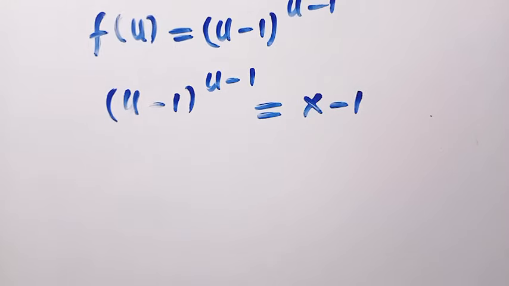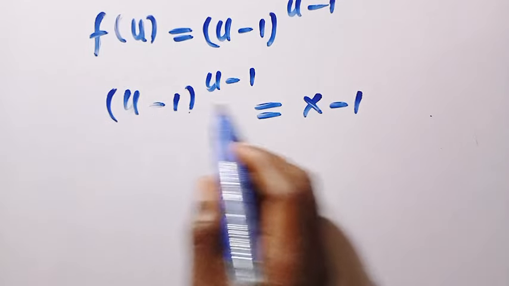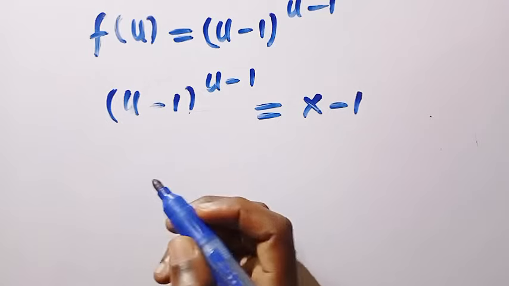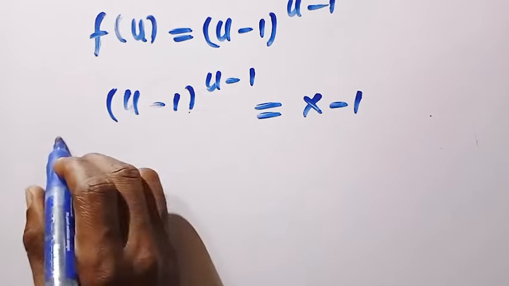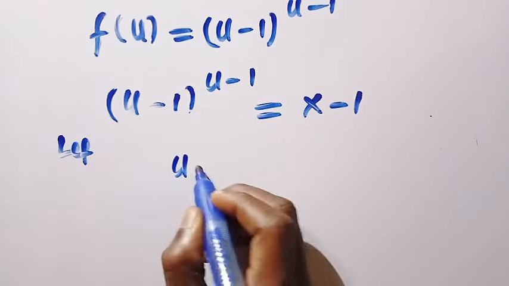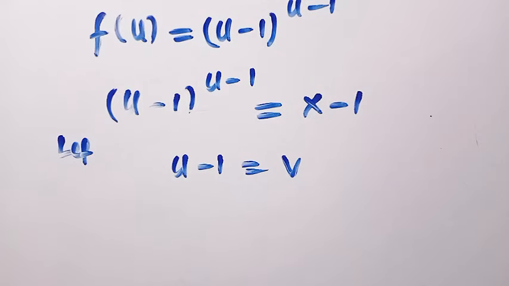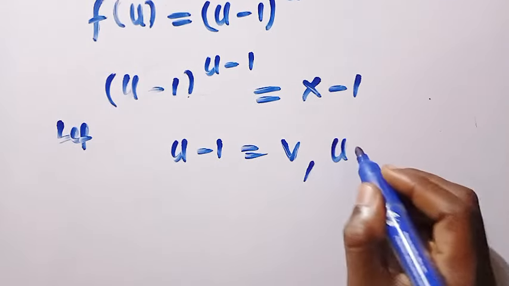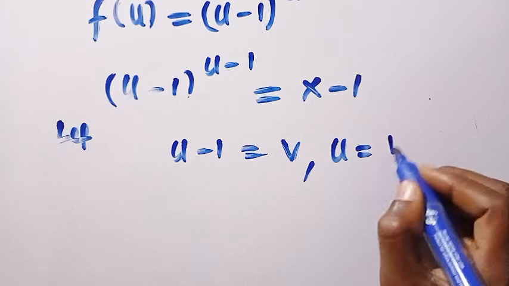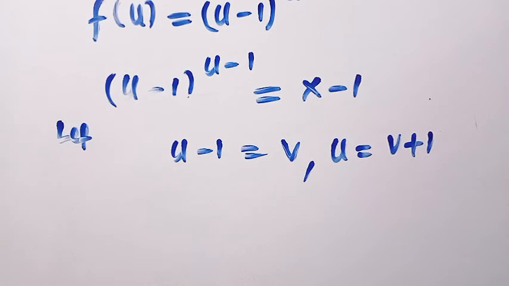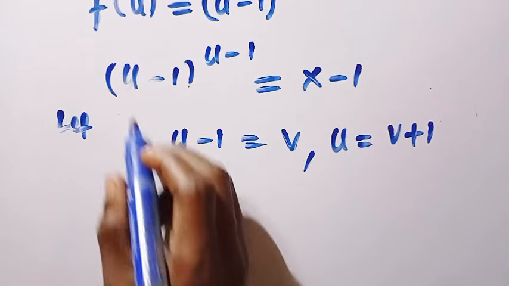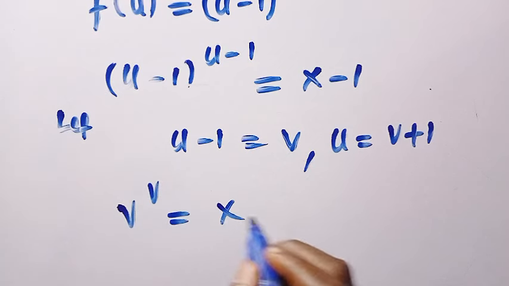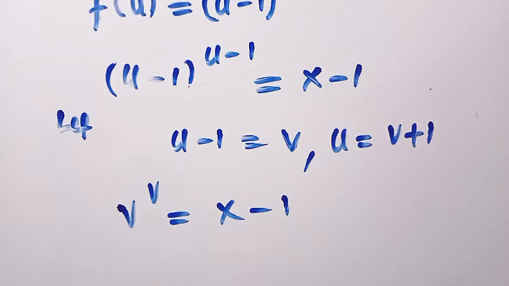To reduce the large expression here, suppose I let u minus 1 equal v, and u also equals v plus 1. Then we have v raised to the power of v equals x minus 1.